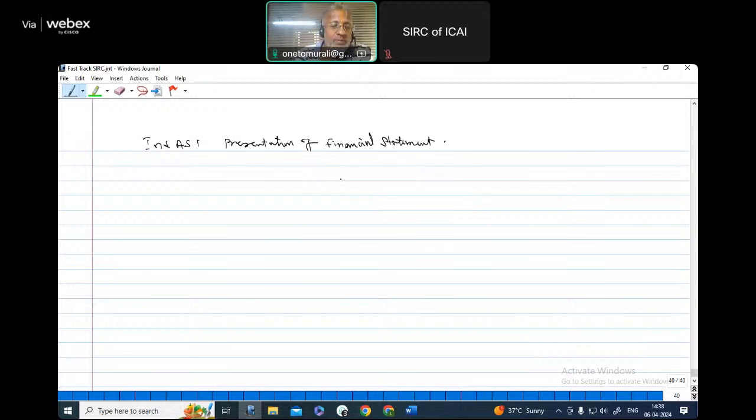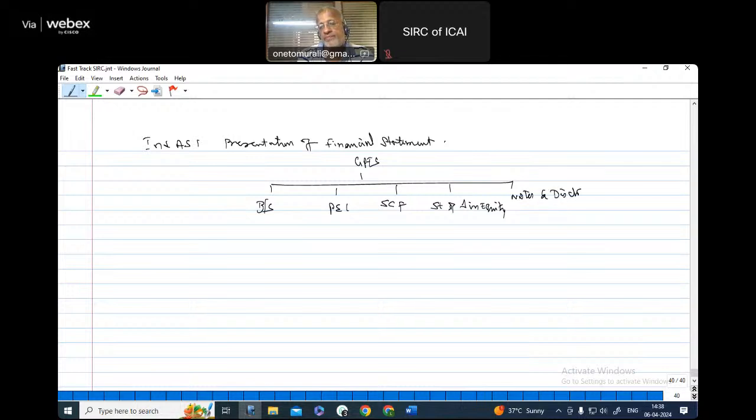Here we will be discussing the general purpose financial statement in 5 different components: balance sheet (statement of financial position), income statement (profit and loss account), statement of cash flow, statement of changes in equity, and lastly, notes and disclosures. So these are the 5 components that you have for general purpose financial statement.